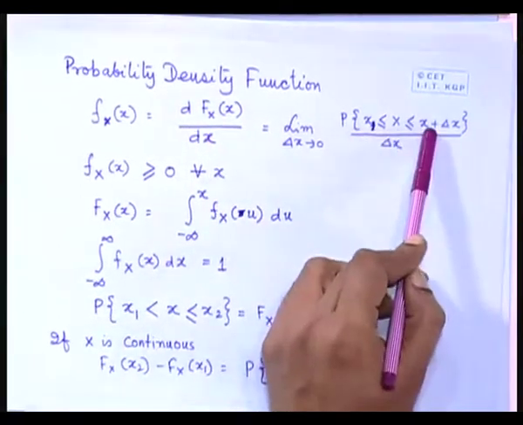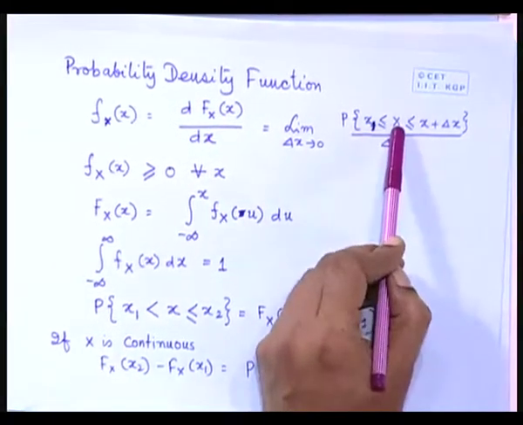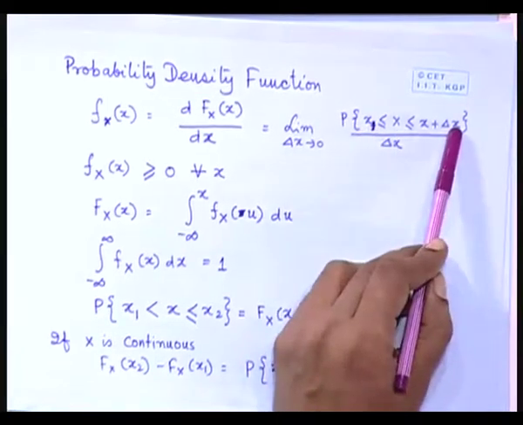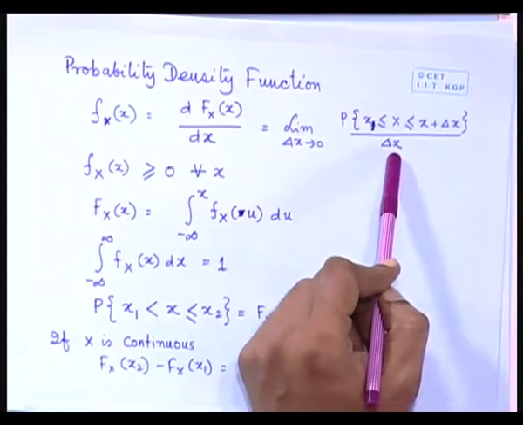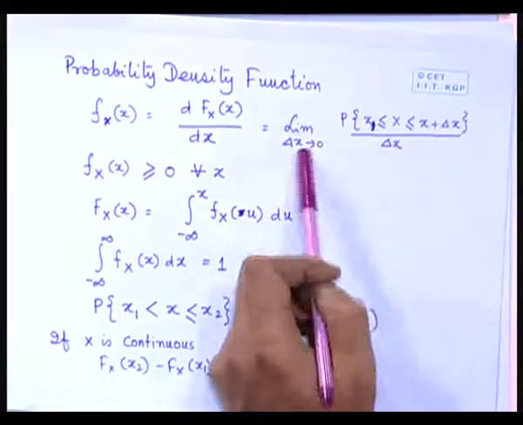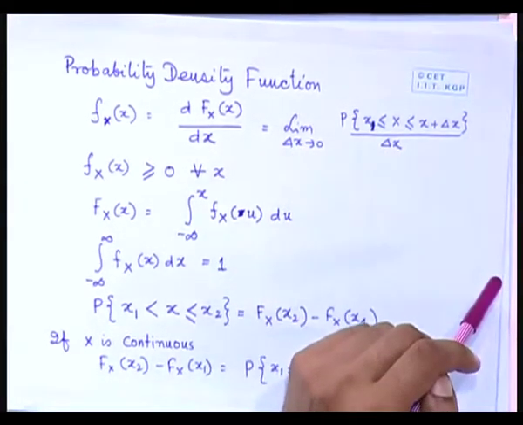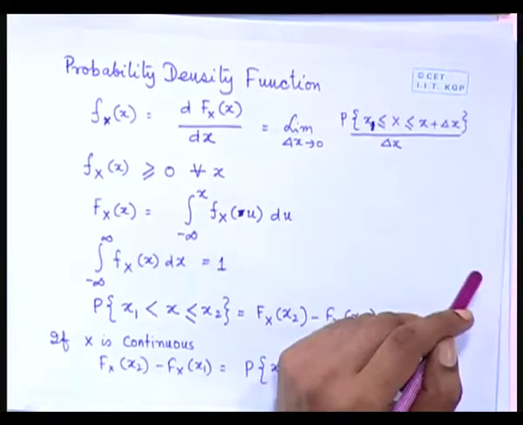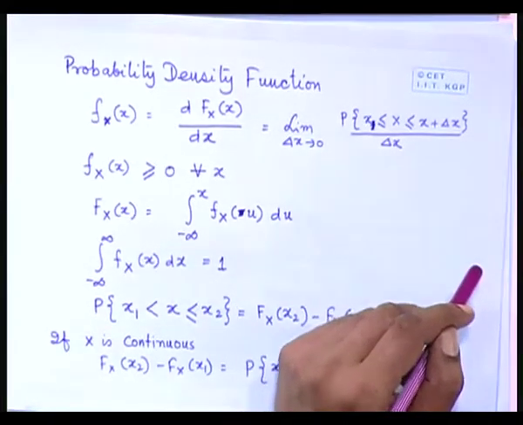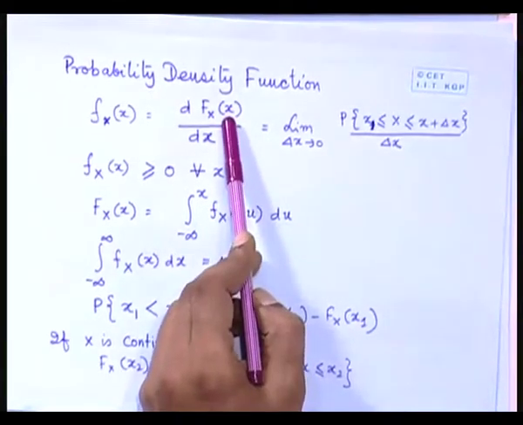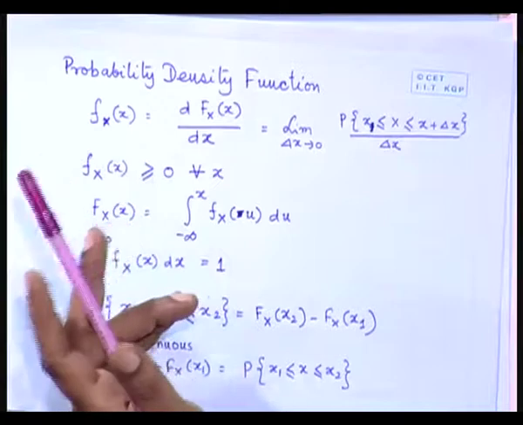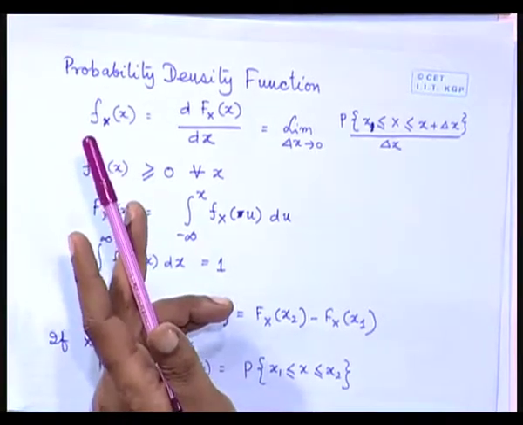In terms of probability, it is the probability that X lies between x and x plus delta x, divided by the interval delta x, in the limit of delta x tending to 0. Obviously, where Fx takes jumps, this function will become some Dirac delta functions.